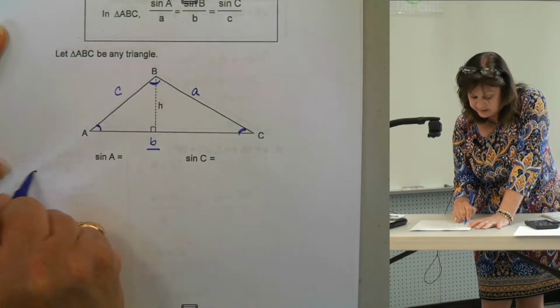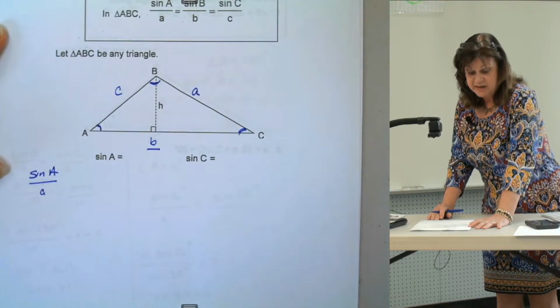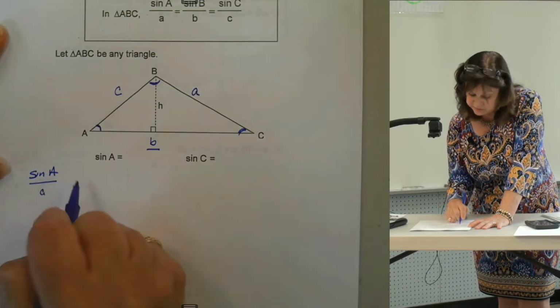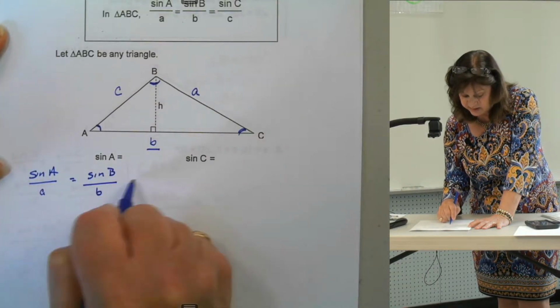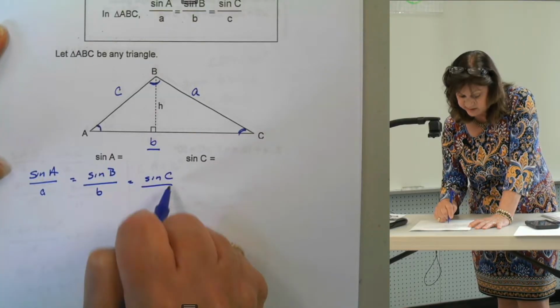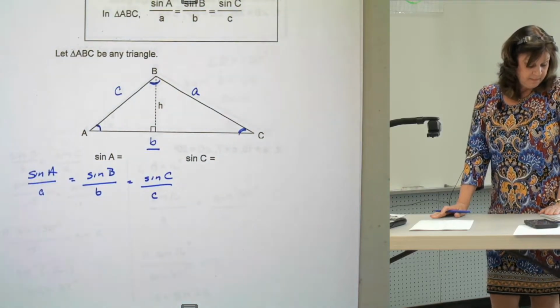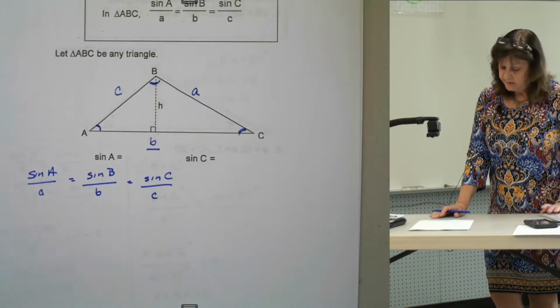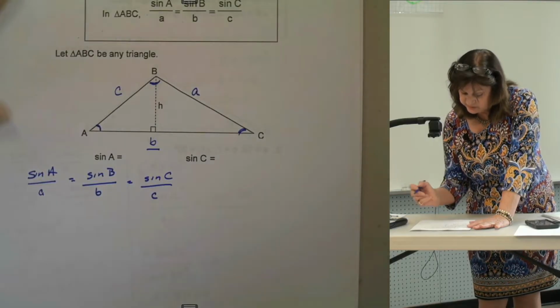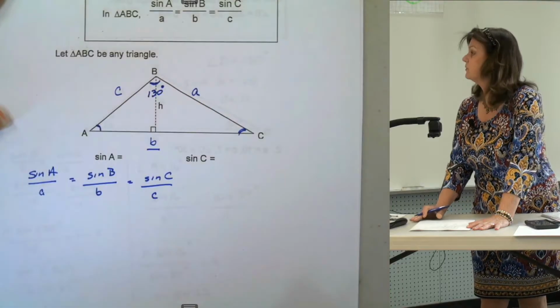I know that the sine of angle A to the side of angle A is equal to the sine of B to the length of B is equal to the sine of C to the length of C. And there's a piece of information left out of here that should be in here, and that is B is 130 degrees.